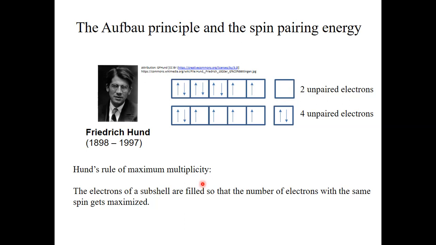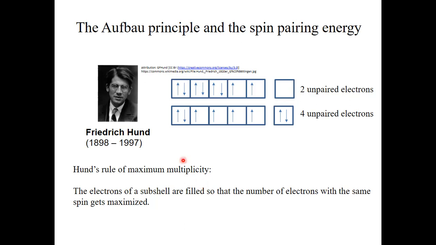They can interact either more favorably or less favorably, depending on how the spins are oriented, and that of course also reflects in the orbital energies. So how can we predict which spin configurations are actually lowering orbital energies overall?